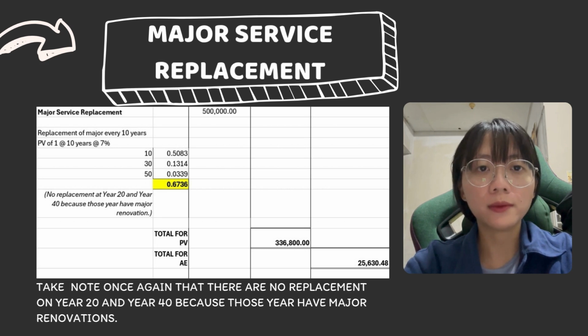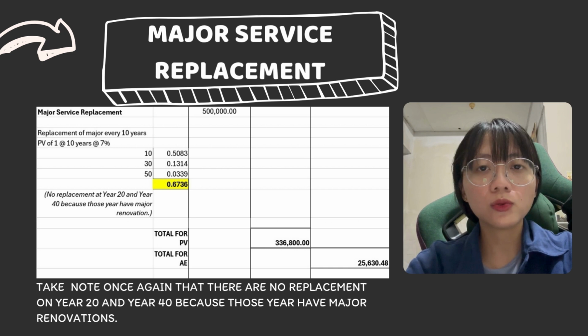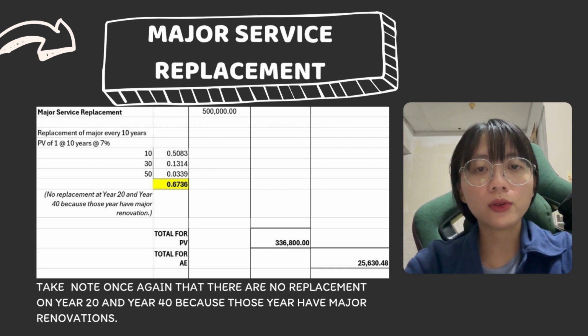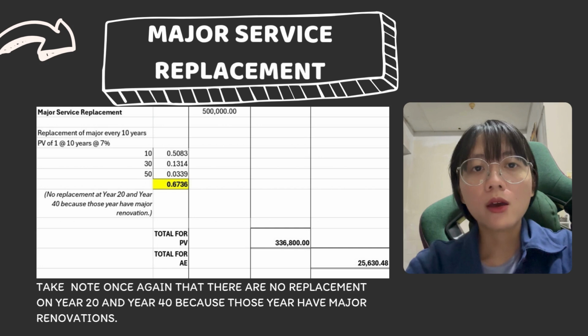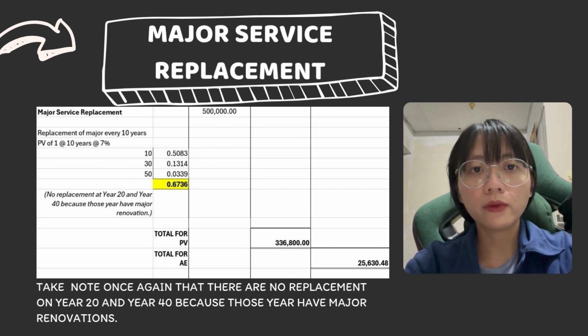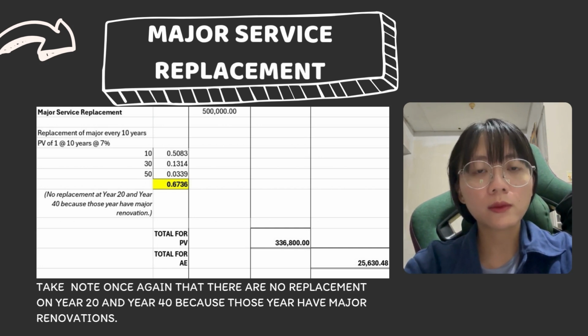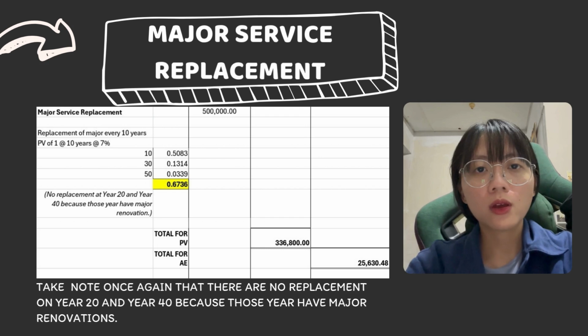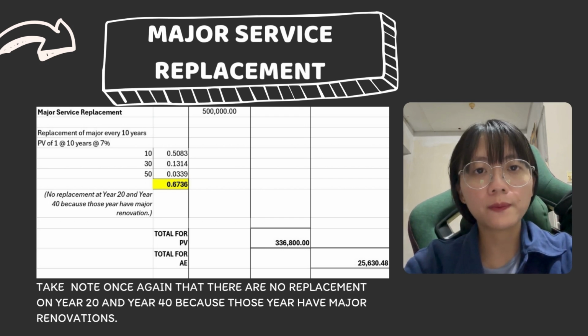time value of money. Next, the annual equivalent method is used to convert the present value into an equivalent annual cost over the building's life cycle. The formula is annual equivalent equals periodical cost times total PV of 1 times ASF times interest. In this analysis, the ASF times interest is calculated using an accumulative rate of 3%, which gives a factor of 0.0761.